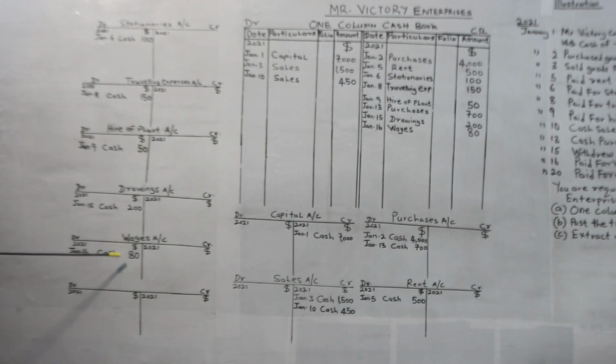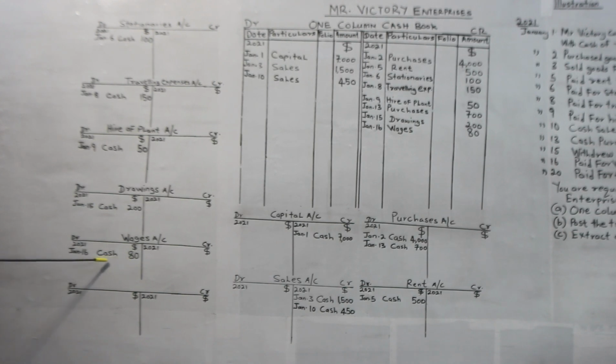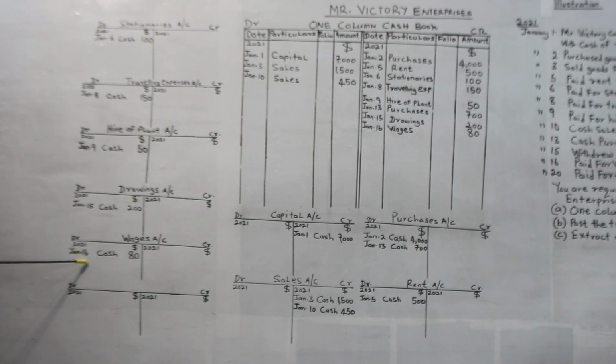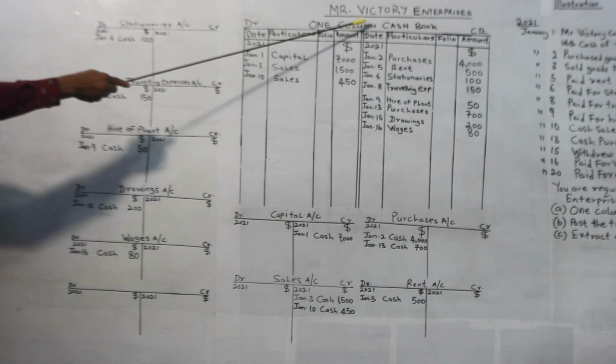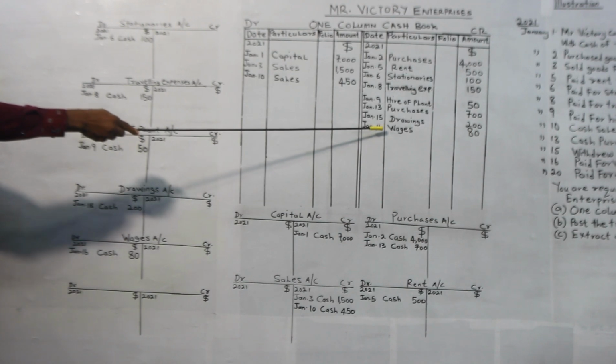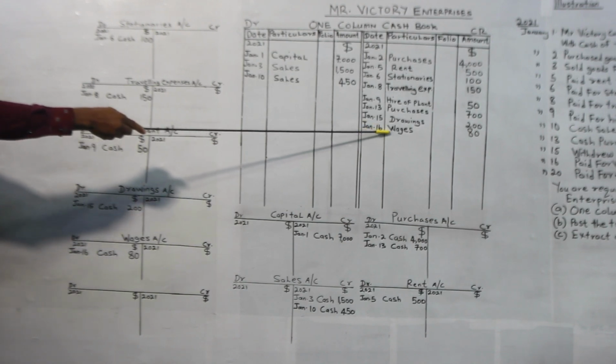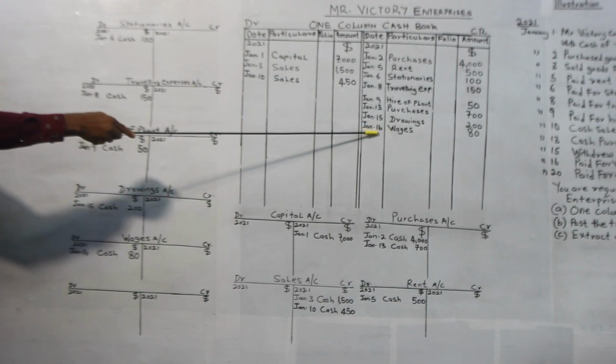So we debit the wages account with $80 received from cash or the cashier on January 16th, 2021. And we credit the cash account or the cashier with $80 given out in respect of wages on January 16th, 2021.